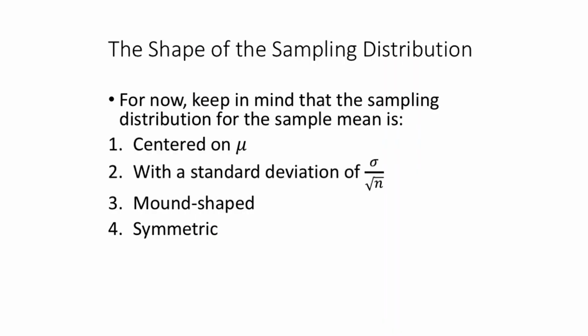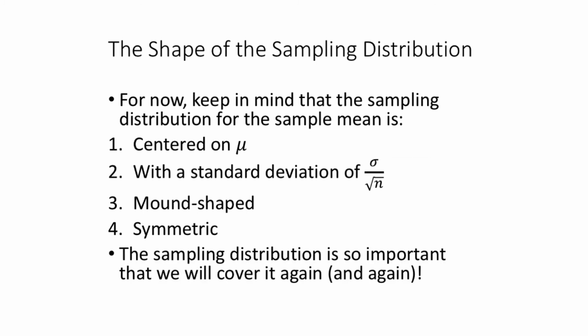There's a peak in the middle, centered on the population mean, and it's symmetric, so the left and right sides of the distribution look more or less the same. This shape of the sampling distribution and this process of repeatedly randomly collecting samples and plotting these sample means is so important we will cover it again and again. It's really the foundation of inferential statistics.